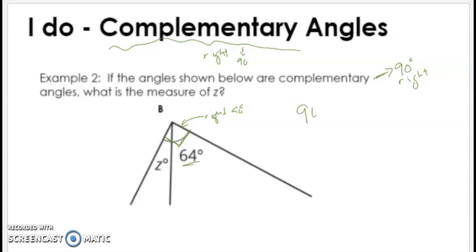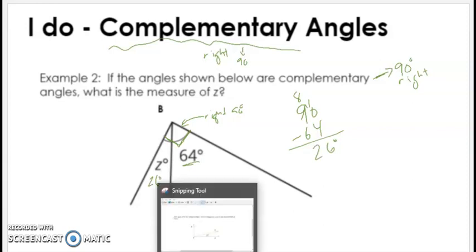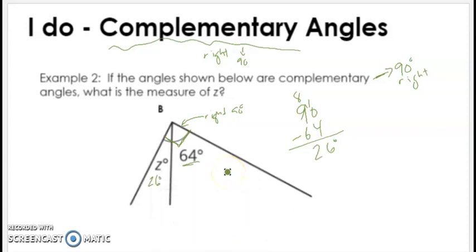If I say, well, what's 90 minus 64? That's going to give me the rest of that angle. So that's going to be 26 degrees. And that looks about right. So if angle Z is 26 degrees, then we have a 90-degree angle together because 26 plus 64 make 90.